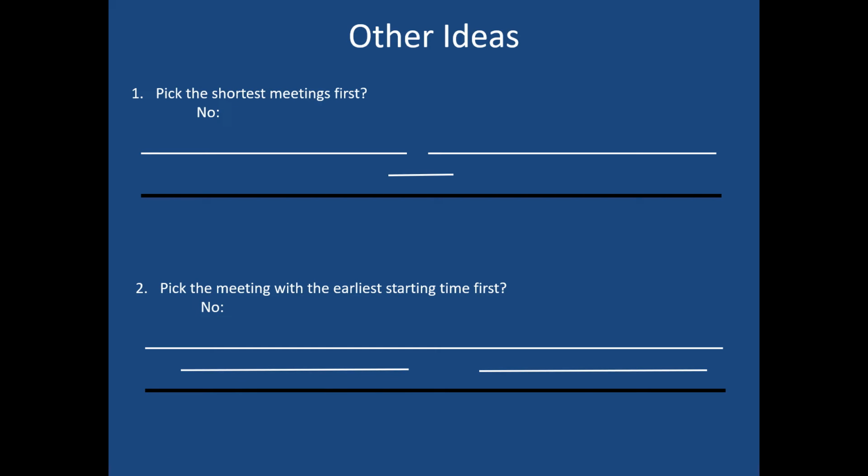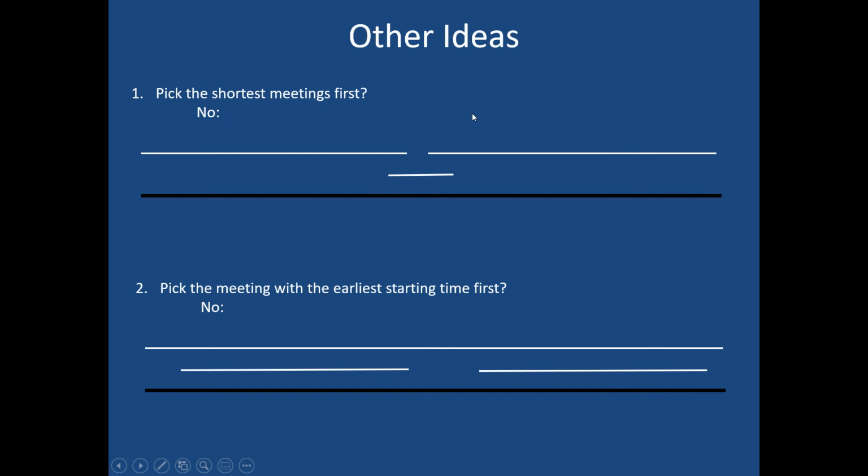Right, so I just did it with a few, but you get the idea. We got these two short meetings that we can schedule simultaneously, but this long meeting starts earlier. And so if we follow that greedy choice strategy, only the one long meeting gets scheduled. And again, you may think, well, that's better. We're making better use of the room because we're using it the entire time, but that's not our goal in this case. Our goal is to have as many meetings as possible.